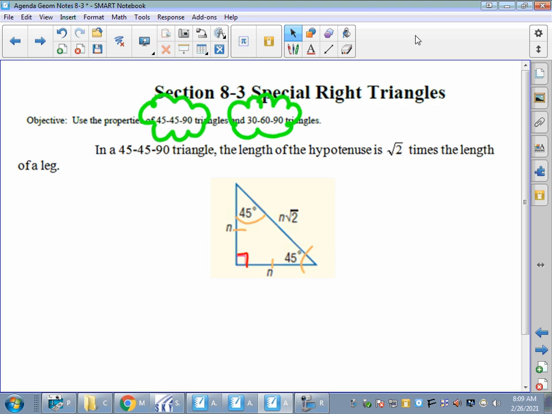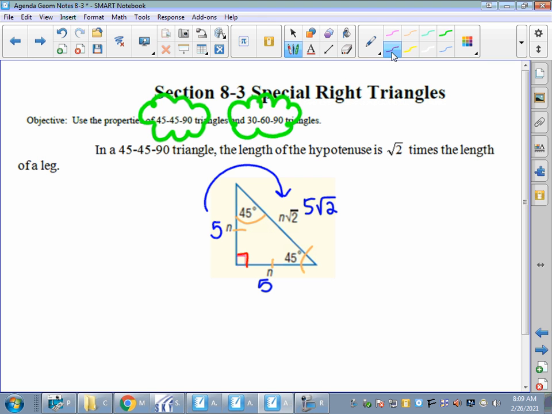Because they're congruent. So let's say I said that this leg was 5 centimeters long. Well, then that means that this has to be 5, easy peasy. And that also means then this hypotenuse, without doing Pythag, without breaking down radicals, is 5 square roots of 2.